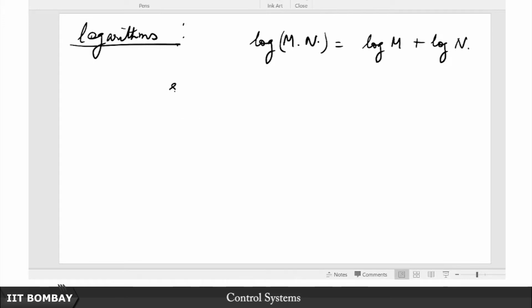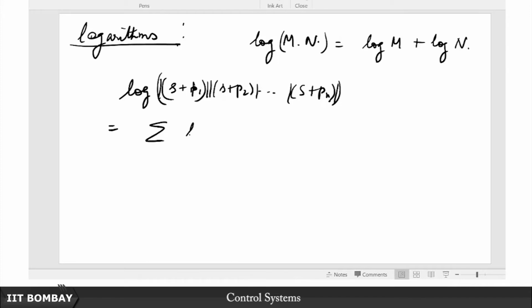So for example, if you have a polynomial given by s plus p1 times s plus p2 dot dot dot till s plus pn, and if you take its log, suppose we are taking the magnitudes, then this is nothing but the sum of log of s plus pi, i going from 1 through n. We know this with respect to some common base. In general, the base is 10. Of course, in calculus we take the base e.